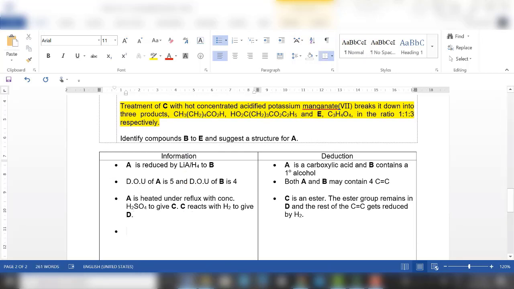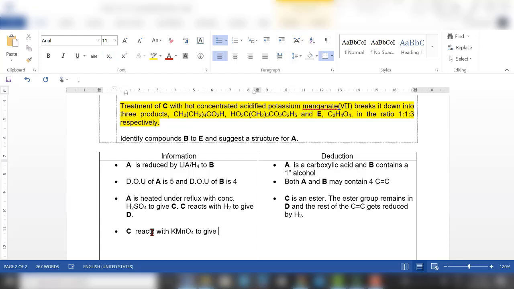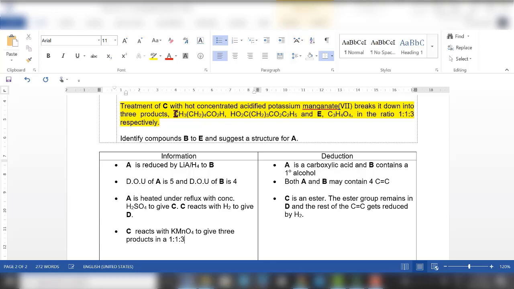Okay, so from here, C reacts with KMnO4 to give 3 products in a 1:1:3 ratio.